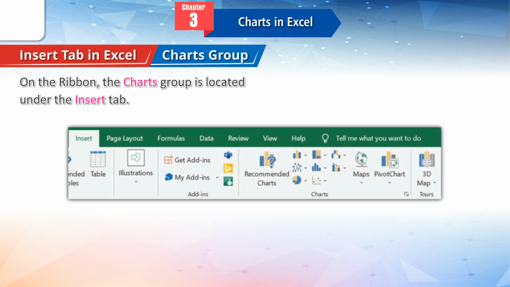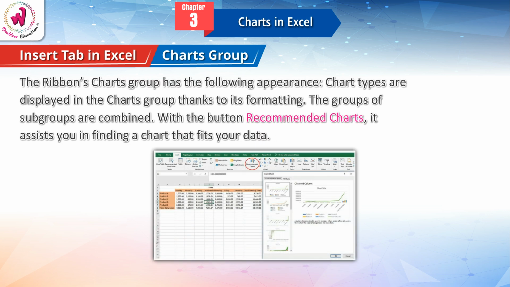Insert tab in Excel. Charts group. On the ribbon, the Charts group is located under the Insert tab. The ribbon's Charts group has the following appearance. Chart types are displayed in the Charts group thanks to its formatting. The groups of subgroups are combined.